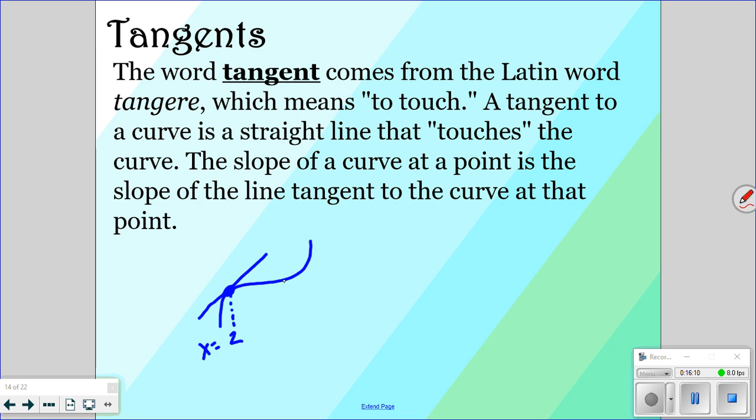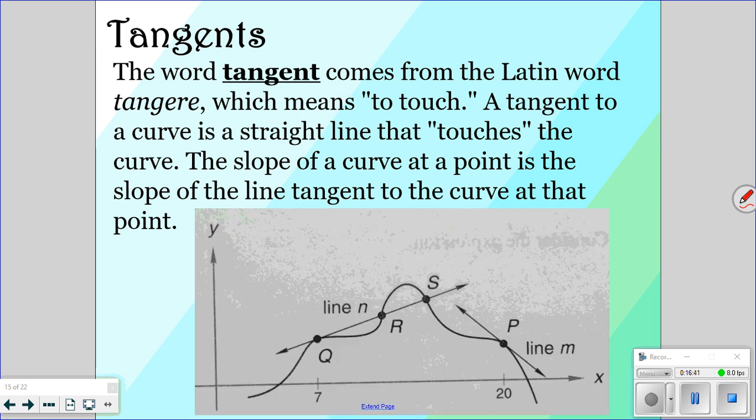Now, if I move to this point and I make it 2.5, it's going to have a different tangent line. That may not be exactly tangent, but it's going to have a different slope because it's going to be curving a little bit differently. And so that's okay. We'll deal with that a little bit more, but just know that it's only at a particular point what the curve slope would be.